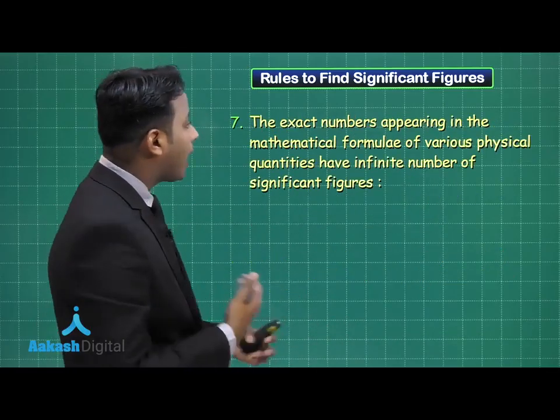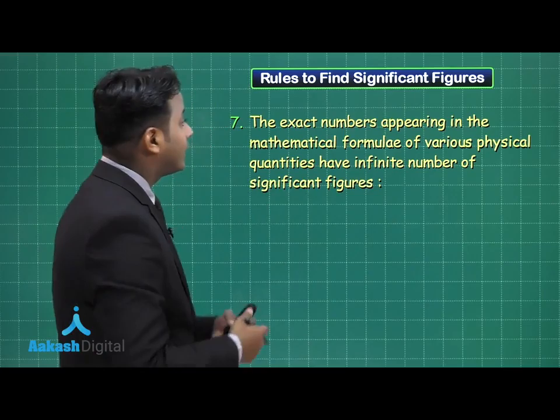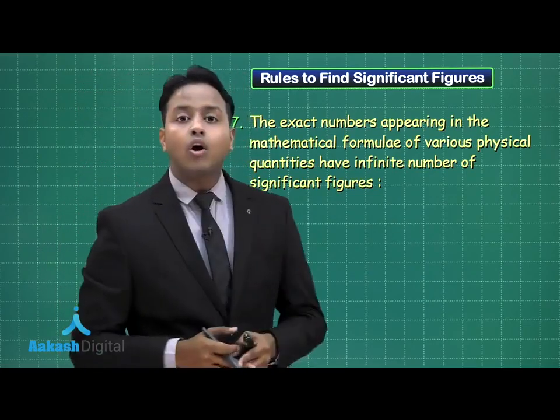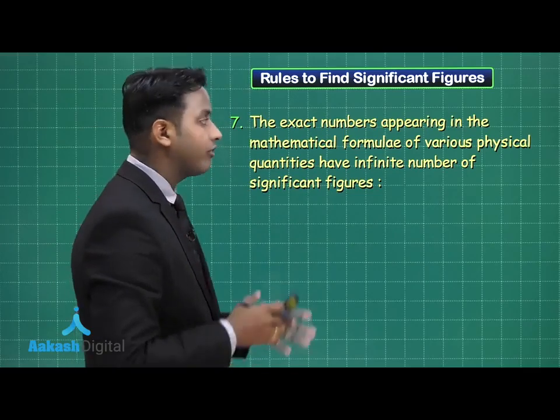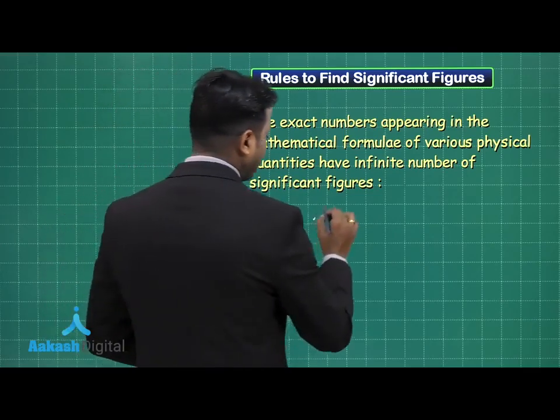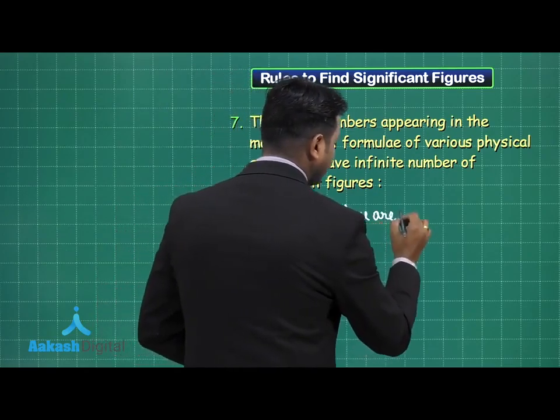Now what will happen if I have different kind of numbers? The exact numbers appearing in the mathematical formulas of various physical quantities have infinite number of significant figures. For example, let's suppose I write down the surface area of a sphere.